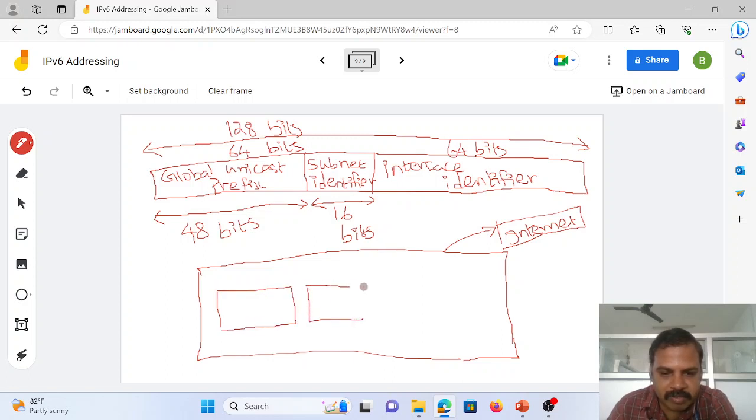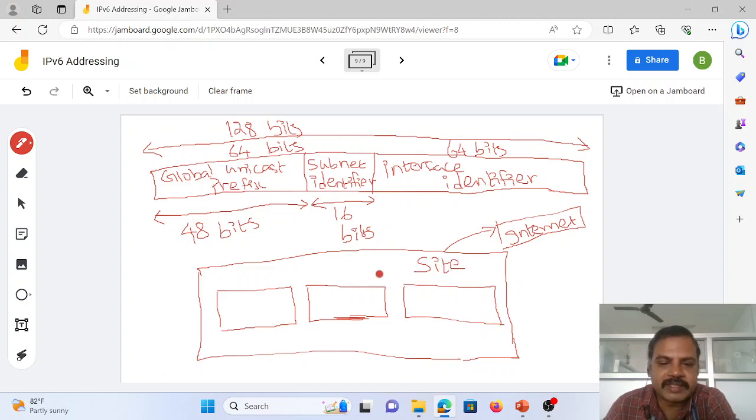For example, I am drawing three sub networks because in a large organization, each department will have separate sub networks and separate network policies for the sub network. To identify this organization, technically it is called a site. To identify this site, global unicast prefix will be used.